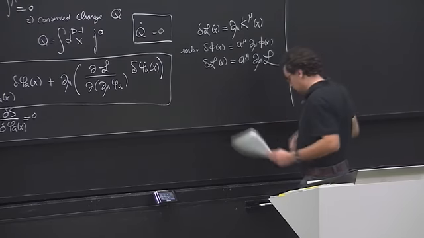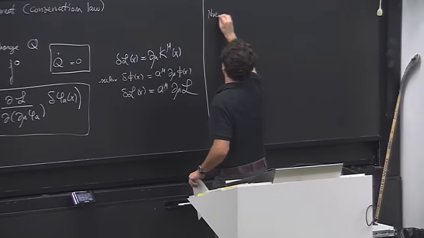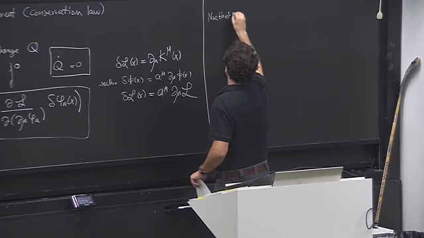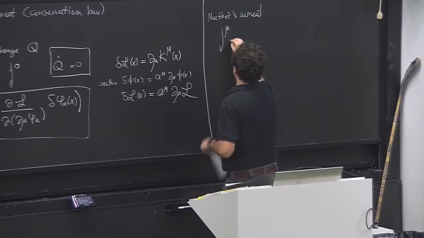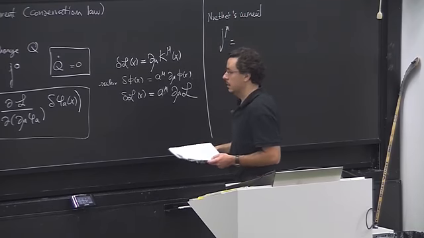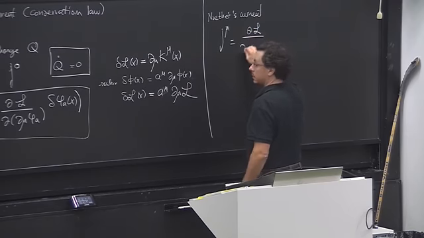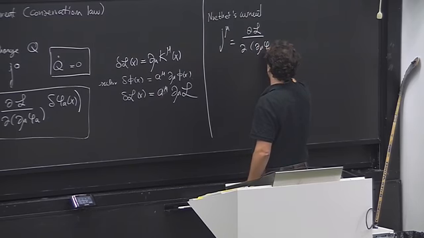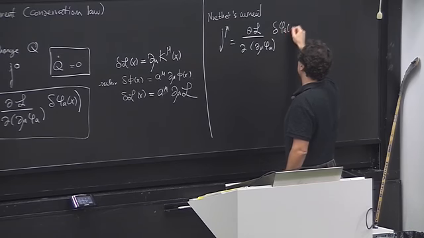So now we can define the following object. We can define a Noether current. Let's define this object, J mu, which is essentially the guy here, the derivative of L with respect to d mu phi A, times delta phi A of x.